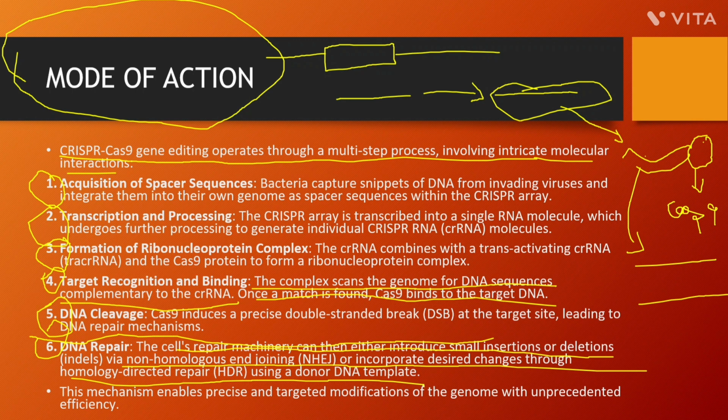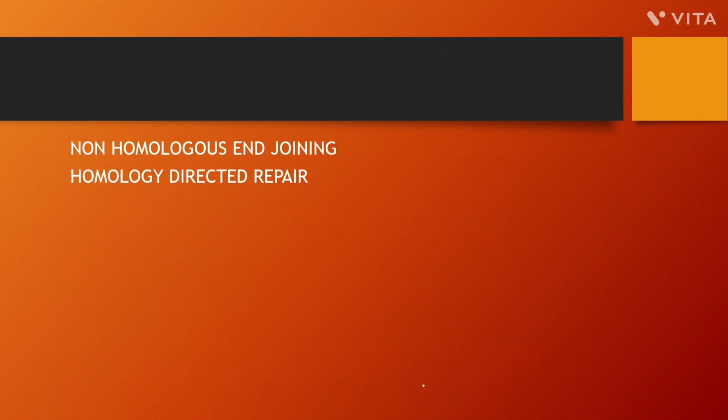So what is going to happen here is, in the first one, non-homologous end joining, the DNA is cleaved, this much portion is left, so the cell will try to add nucleotides to this location to fill the gap.